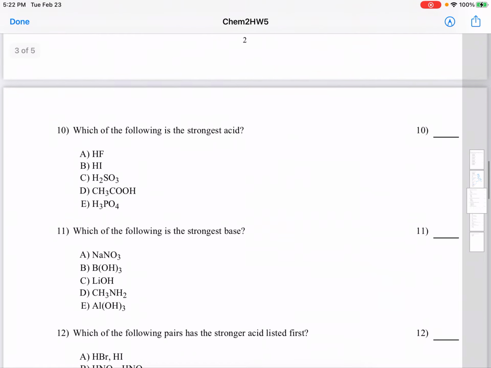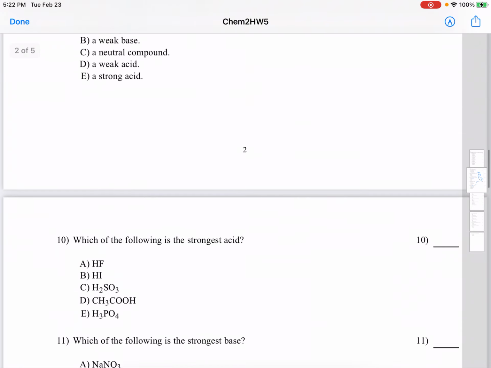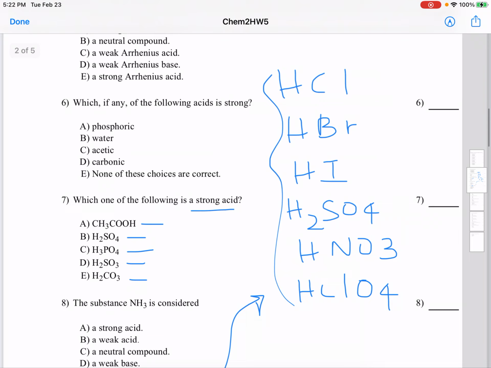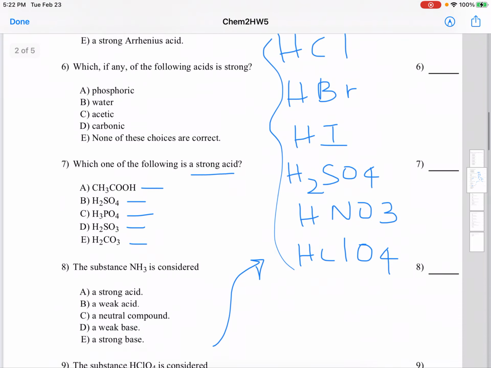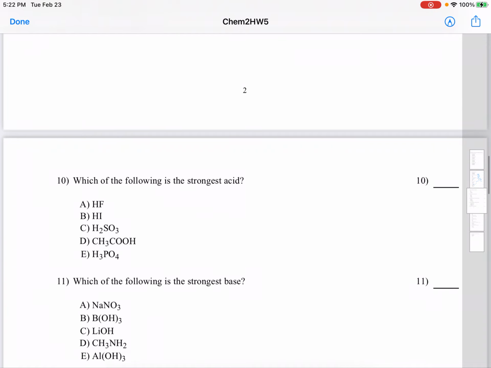Easy. Which of the following is the strongest acid? HF, HI, H2SO3, acetic acid, phosphoric acid. Again, you refer to the chart where I have written over here and see if any of these acids belong to the strongest acids group. Again, you can answer that.